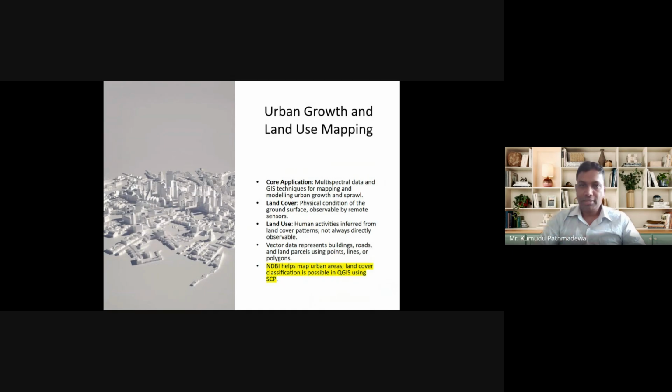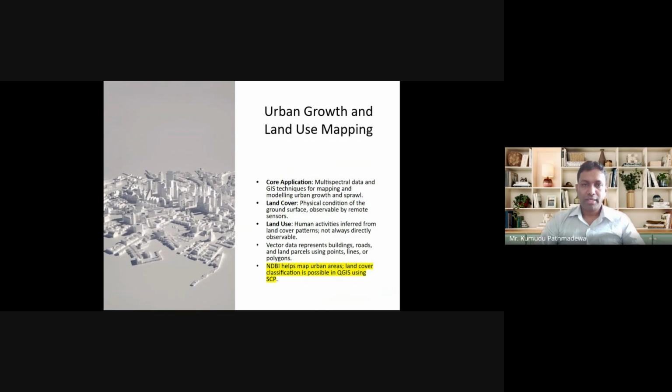When we talk about urban growth and land mapping, one of the most common uses of multispectral imagery is analyzing urban expansion and land use. Land cover refers to what physically exists on the ground, like vegetation, water, or built-up areas. Land use refers to how humans use that land, something like residential, commercial, agricultural, likewise.